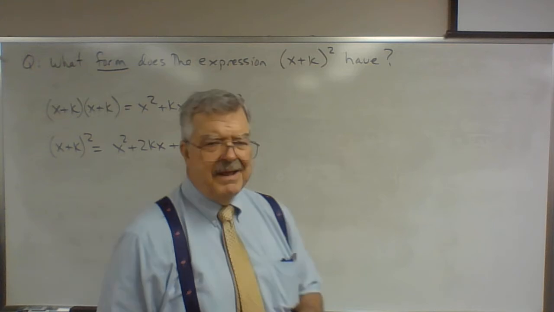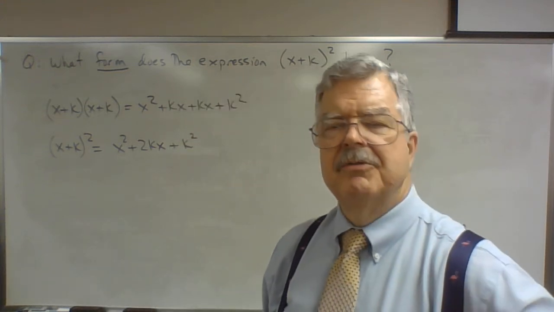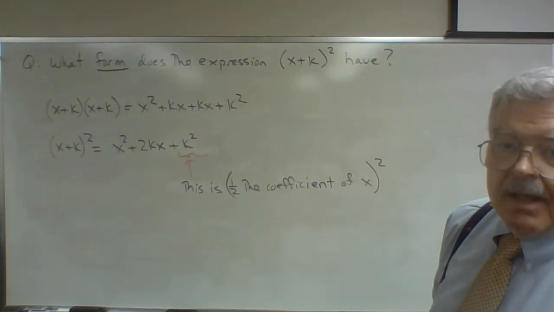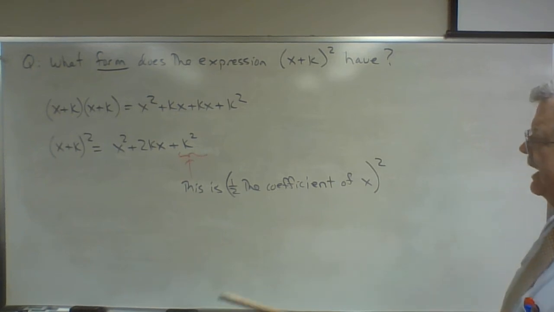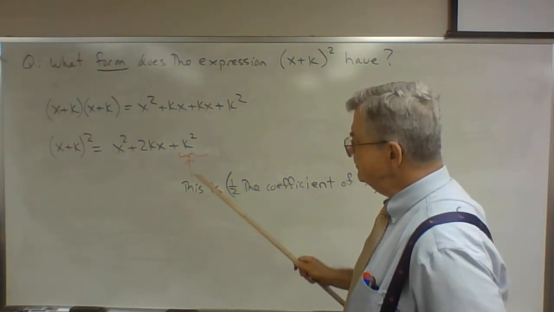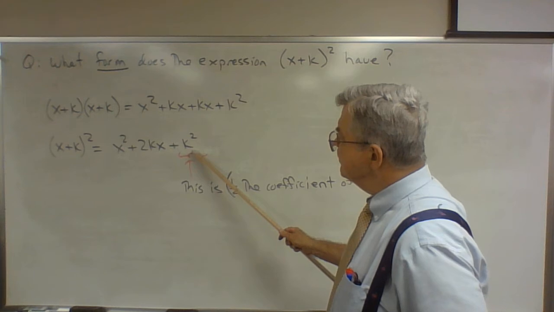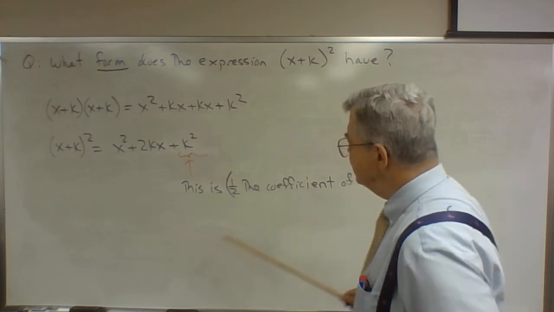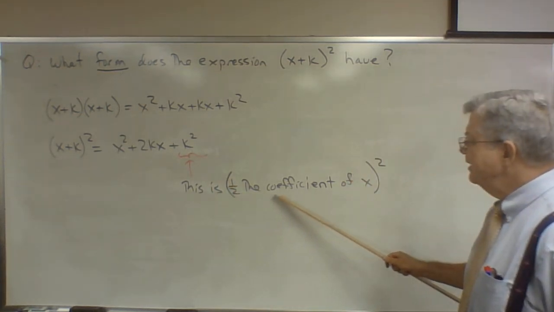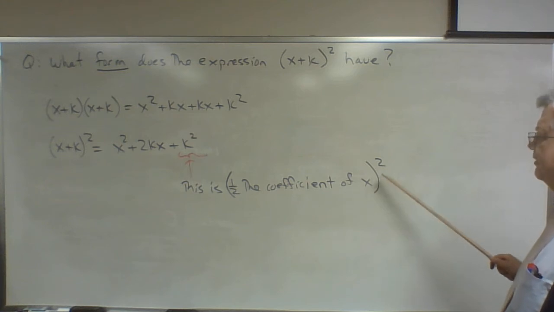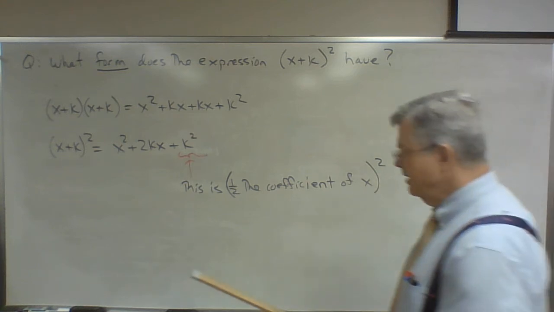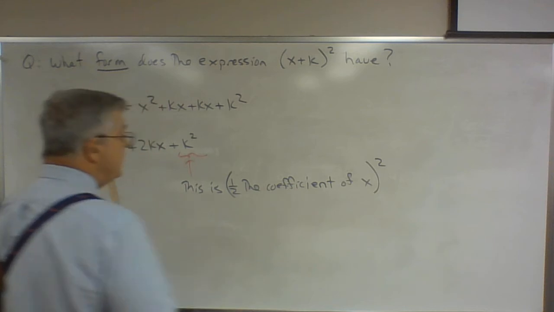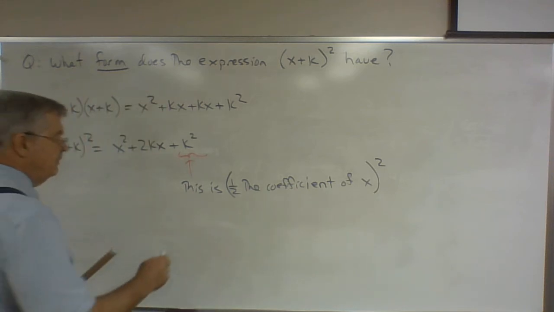Now we want to analyze this form closely. Here's what I claim. This thing is going to be 1/2 the coefficient of x squared. Now, what is 1/2 the coefficient of x?